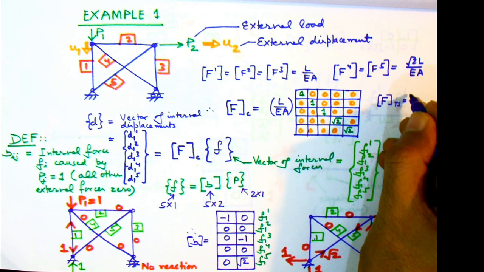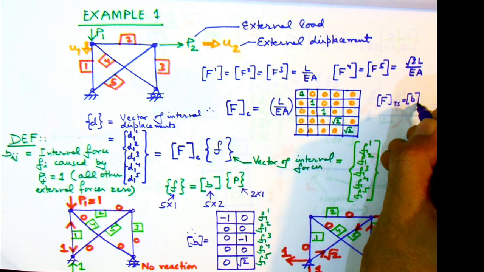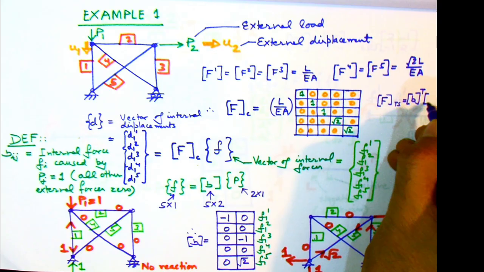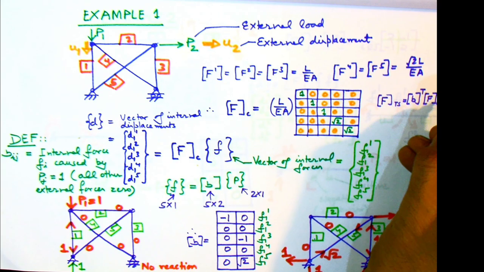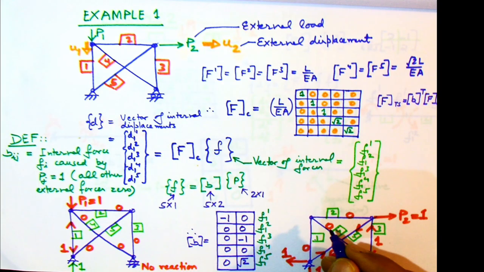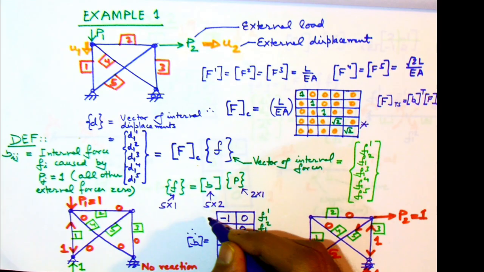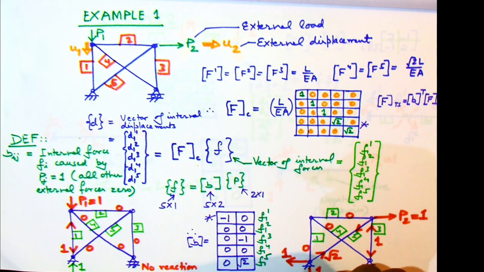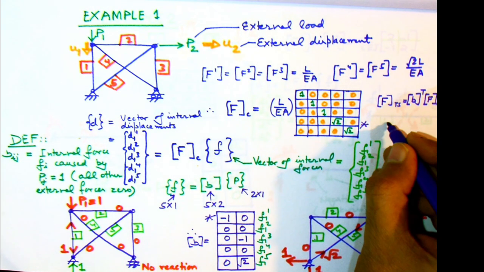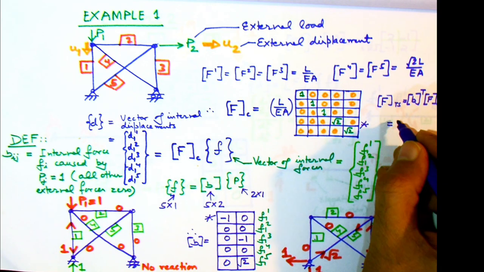So we have already formed the B matrix and the collective flexibility matrix. Now, by making use of what we have learned, we can find the total structural flexibility matrix, B transpose times FC into B. So we have these matrices available.